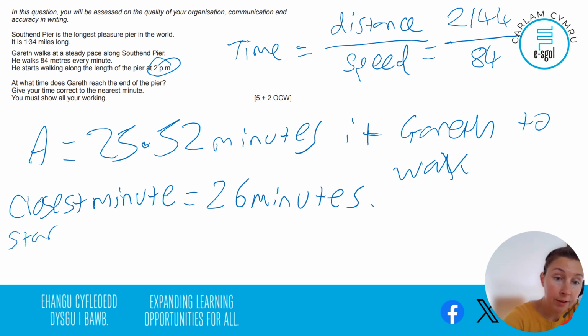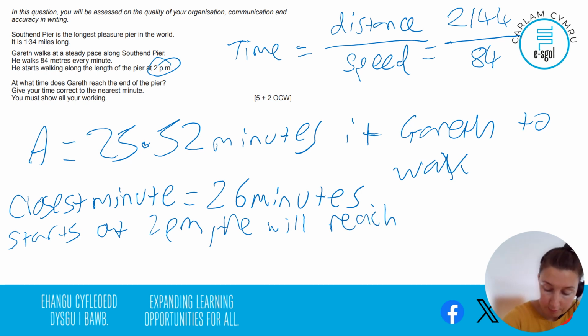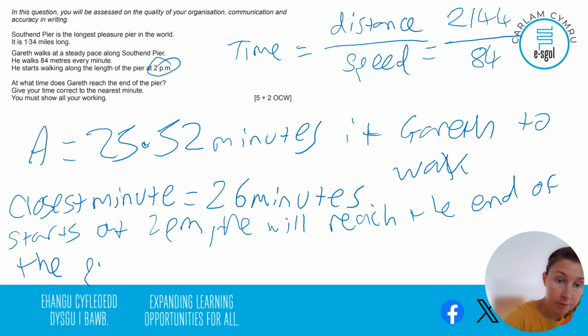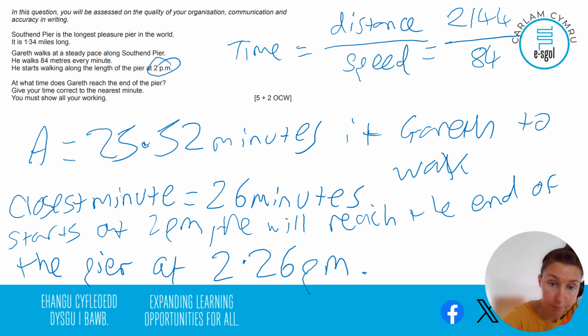So you say, he starts at 2 p.m., comma, he will reach the end of the pier at 2:26 p.m. And that's the last phase of that question.